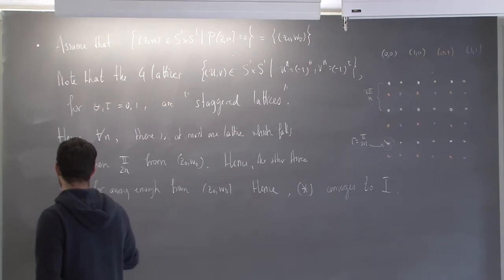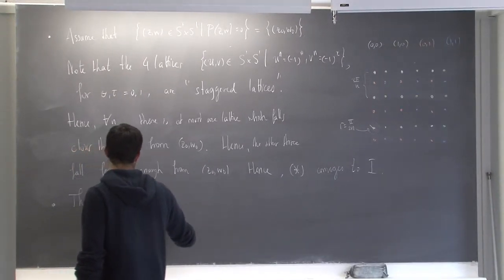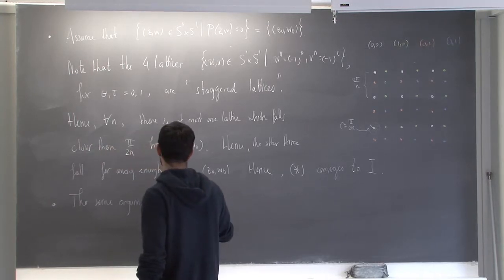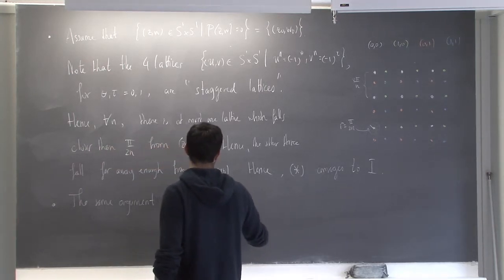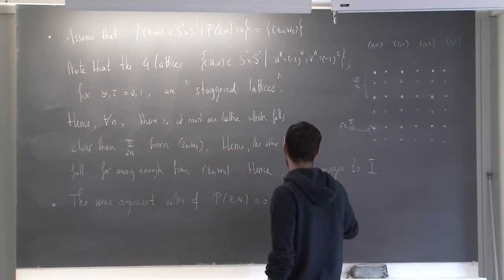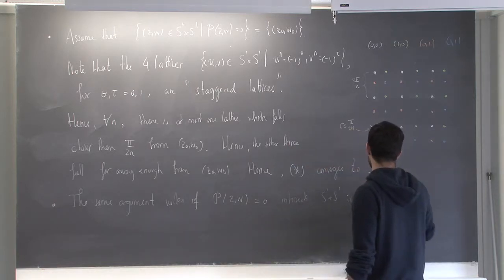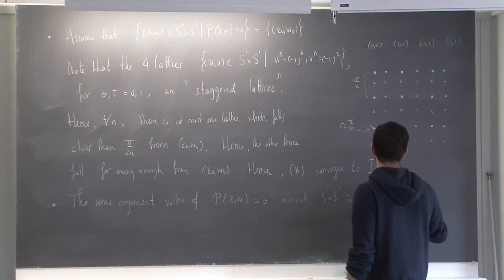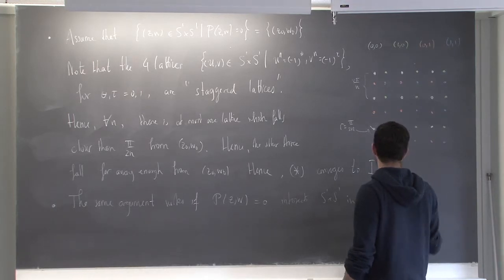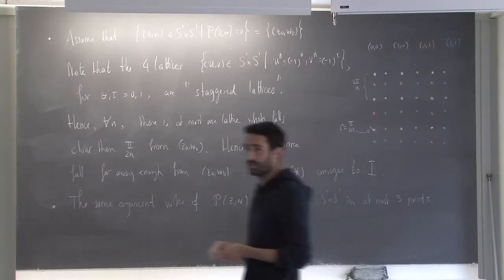The same argument works if P(z,w) equals 0 intersects the unique torus in at most 3 points. So we're safe in this case.